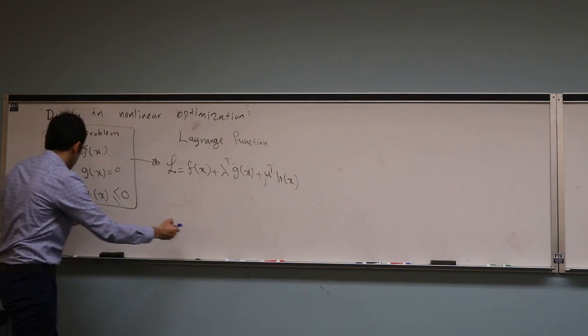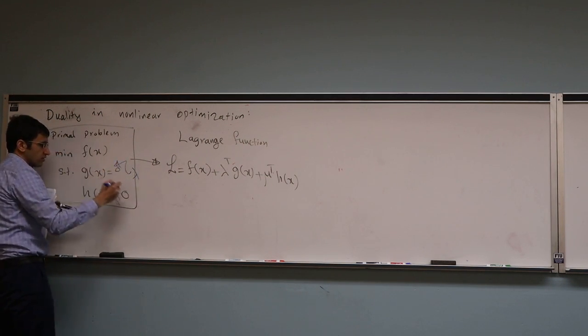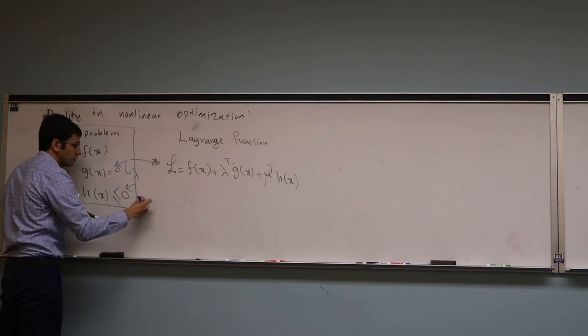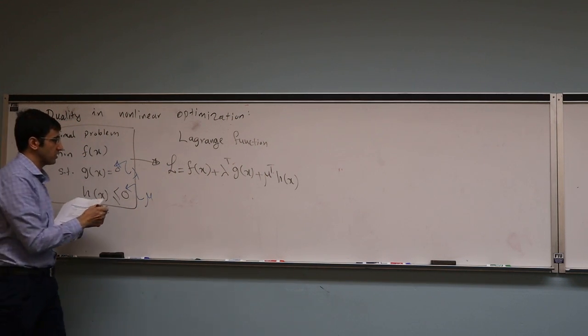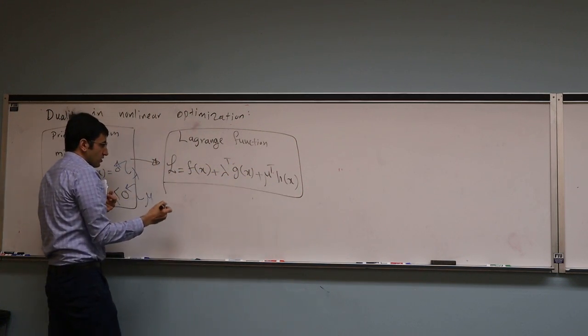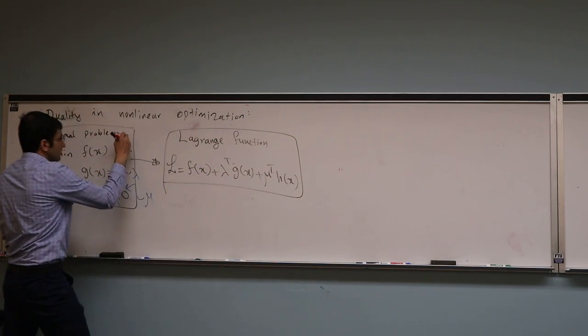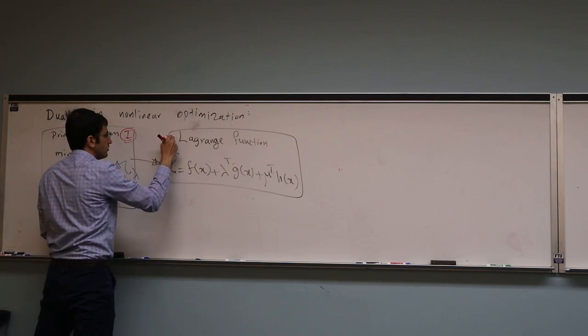If you recall, lambdas refer to the Lagrange multipliers of the equality constraints and mu's refer to the Lagrange multipliers for inequality constraints. So this is step 1, this is step 2.